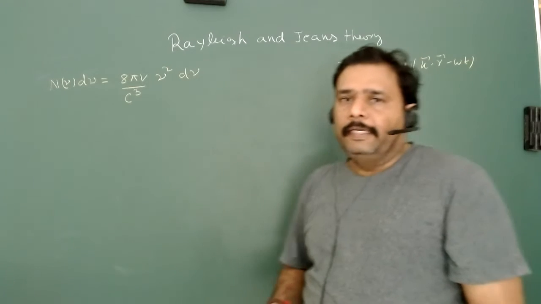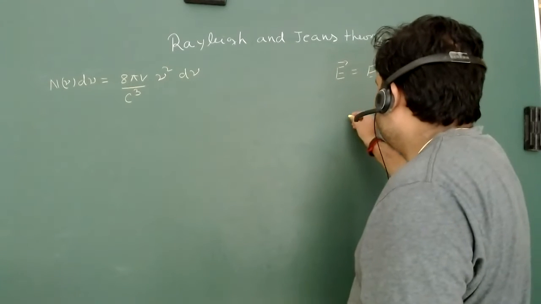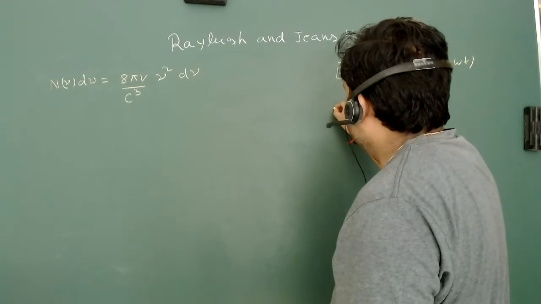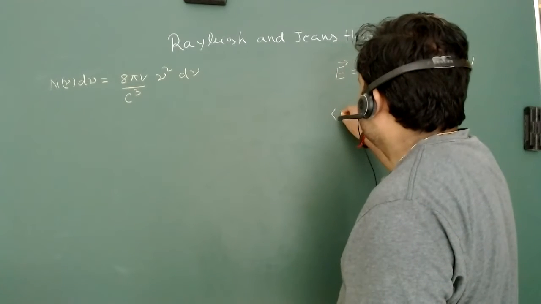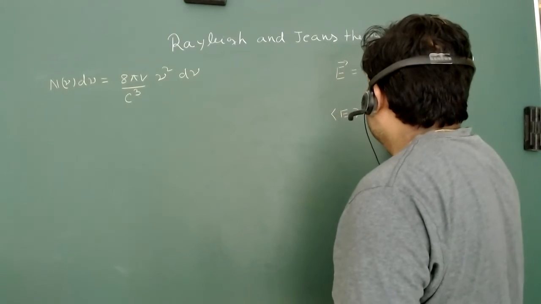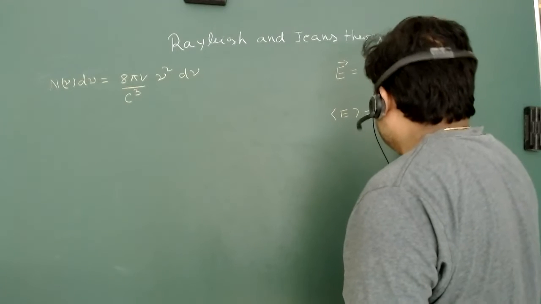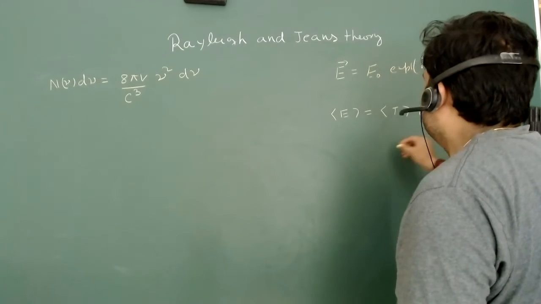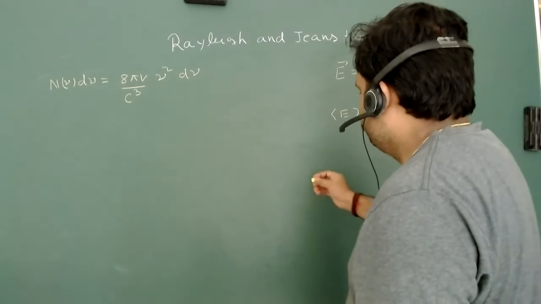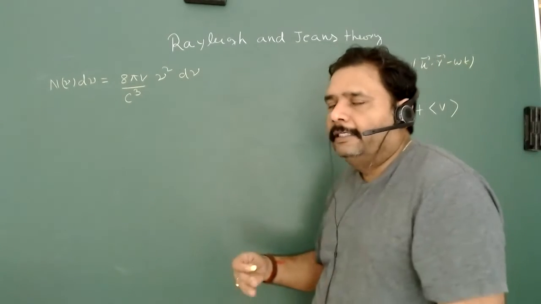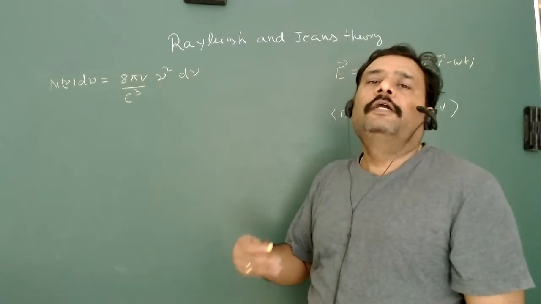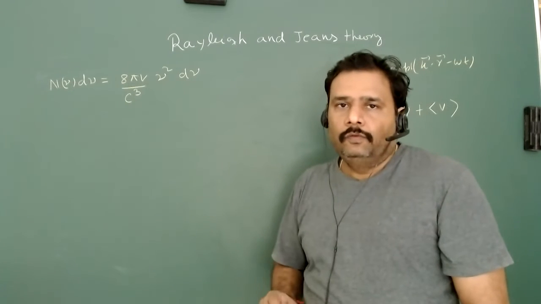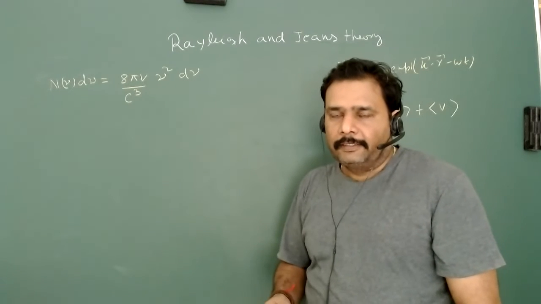According to the kinetic theory of gases, the total energy of a harmonic oscillator is the average kinetic energy plus the average potential energy. And the kinetic theory of gases says that each particular degree of freedom has kT by 2 energy associated with it.